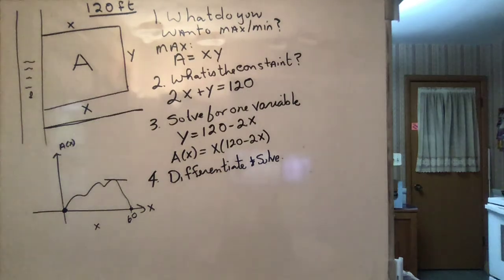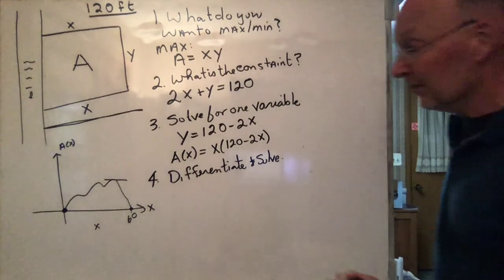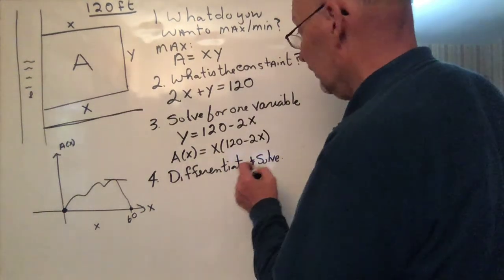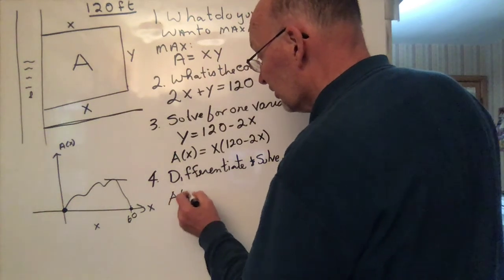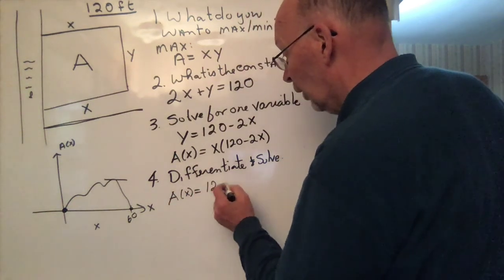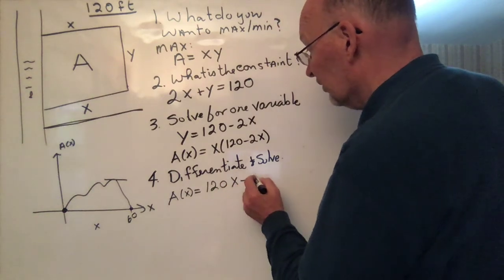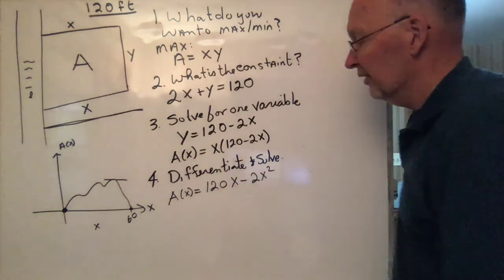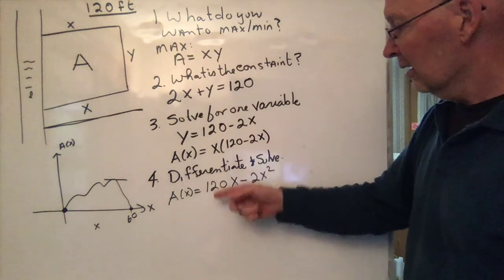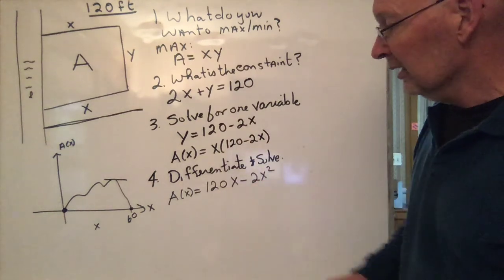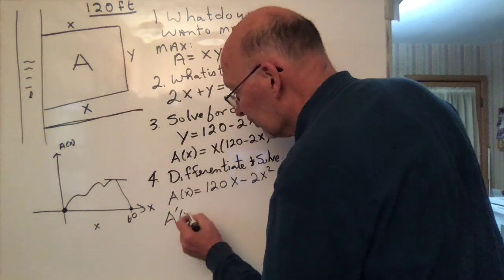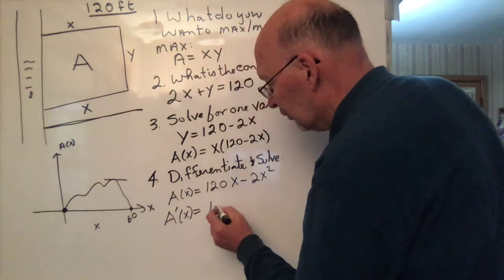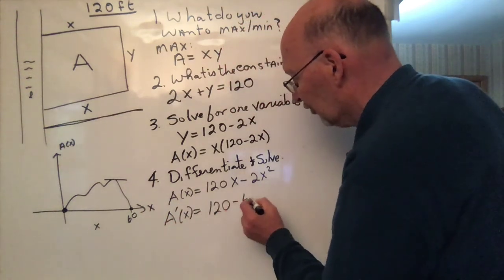Let's go ahead and take the derivative. I'm going to say A of x is going to be 120x minus 2x squared. Why did I do that? I don't have to use the product rule that way. I can just take A prime of x is equal to 120 minus 4x.